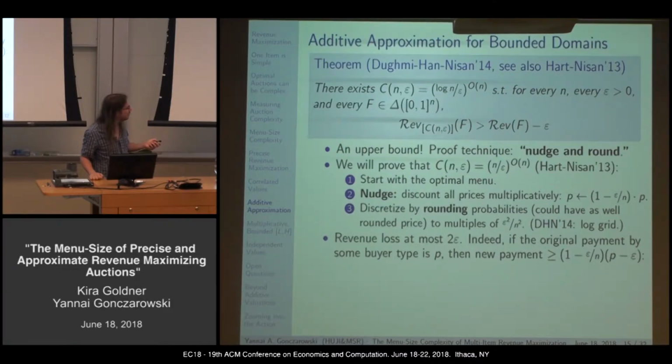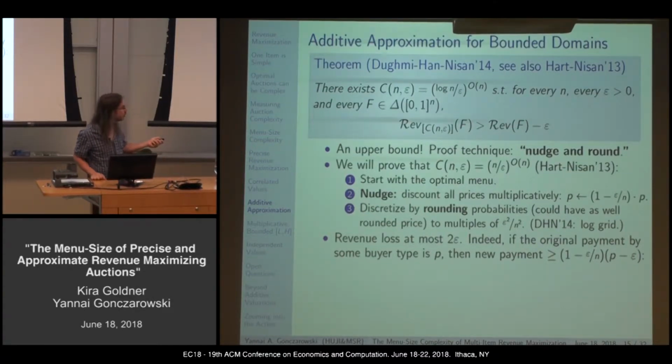Note that the maximum price for anything that ever gets chosen is n, because we have n items, all of them valued between 0 and 1. The maximum a buyer is going to be willing to pay, if he has the highest value for all of them, is n. So an epsilon over n multiplicative loss is an epsilon additive loss. So we have 1 epsilon additive here at most, 1 epsilon additive here at most, total 2 epsilon.